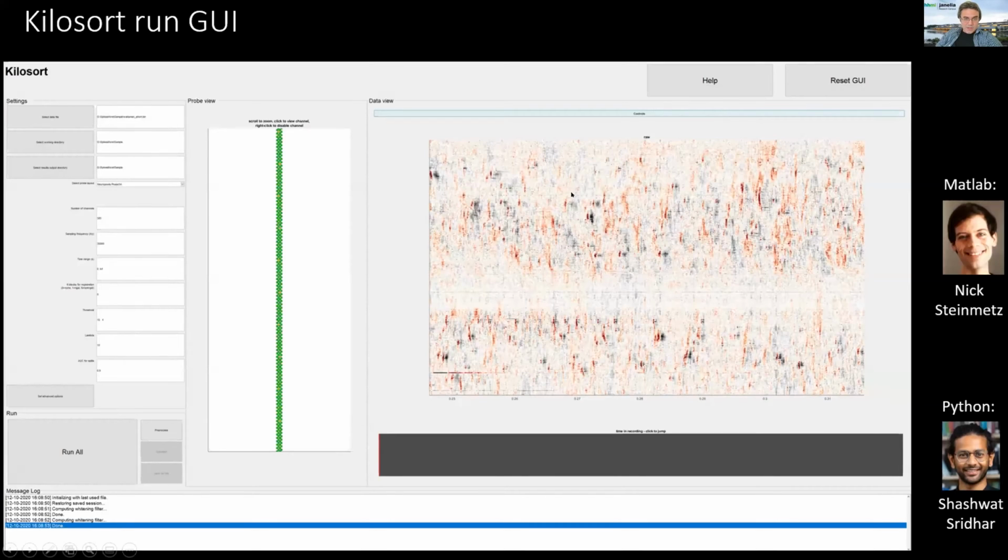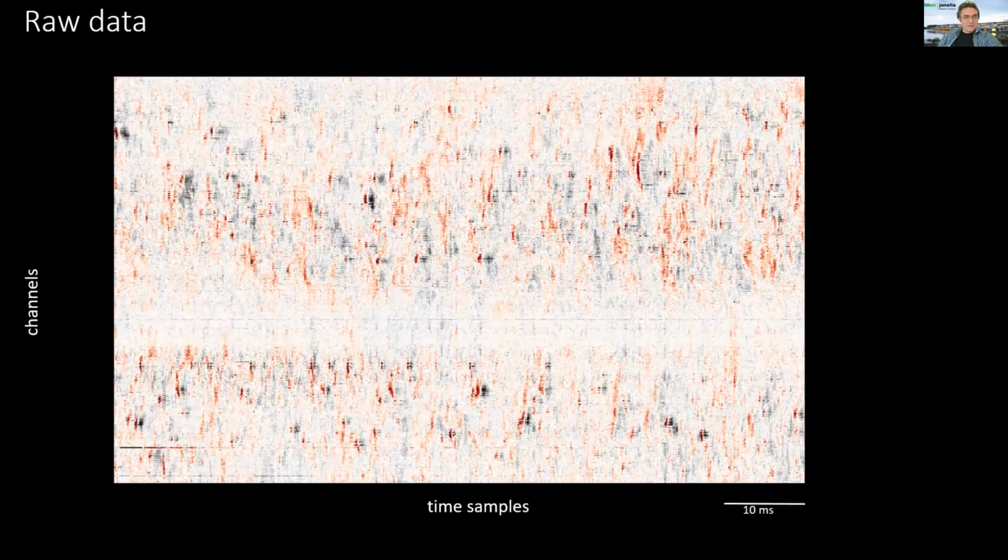I believe the red is negative going, black is positive going in this case. And so if you see a lot of these little red marks followed by black recoveries, those are the spikes. And that's the raw data, which in this case with NeuroPixels 1, is already a little filtered, so you don't see the LFP.